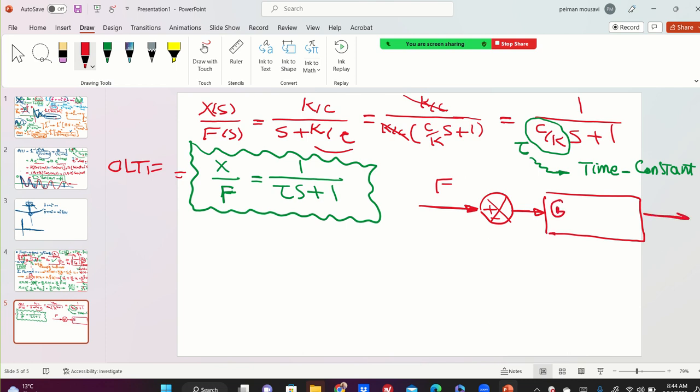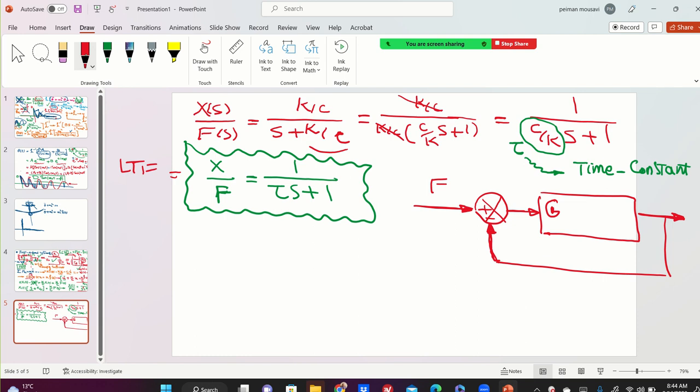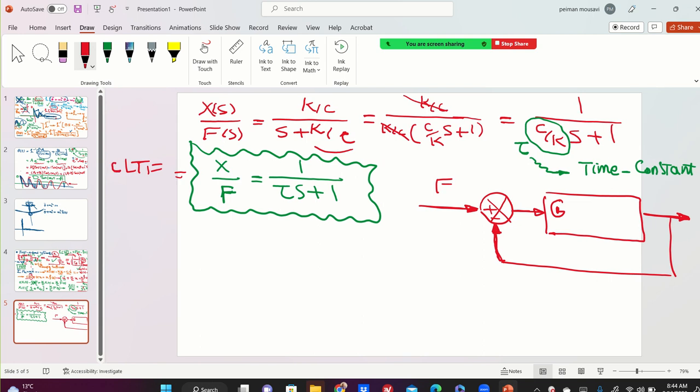Look at your notes. Closed loop or open loop? What is G? Open loop transfer function. And this is the output of the system X. I told you, based on the unity feedback, this is equal to G over 1 plus G. Remember? You can find G from here.